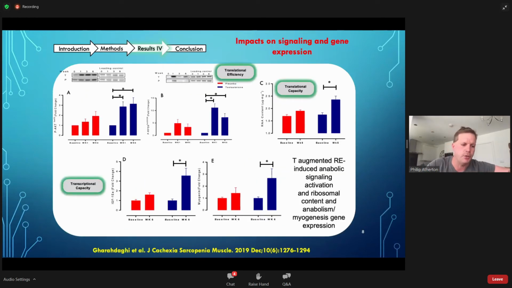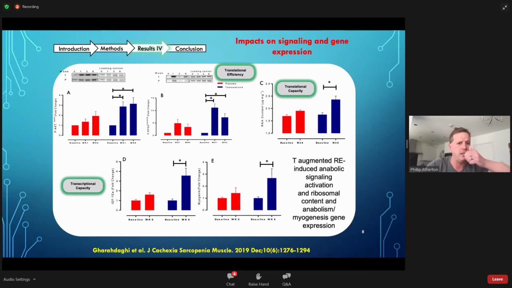We also had the opportunity to look at how acute signaling pathways, which are very well established, respond during acute exercise. One thing I didn't give full information on when I presented the protocol was that at certain time points, and here you can see baseline, week 1, and week 6, baseline was obviously basal, week 1 was after a week of the testosterone therapy, and week 6 after 6 weeks of testosterone therapy or placebo.